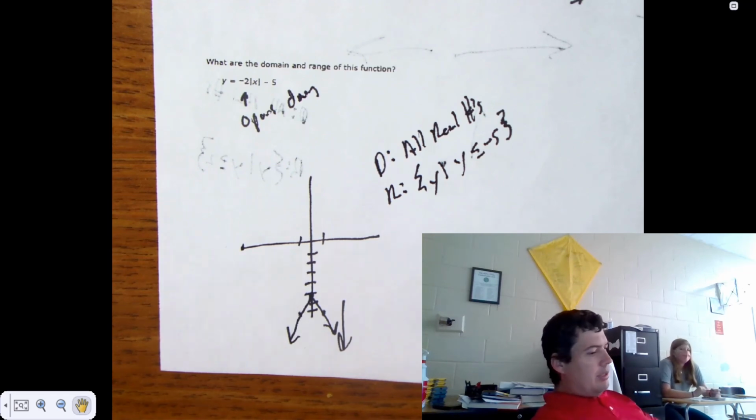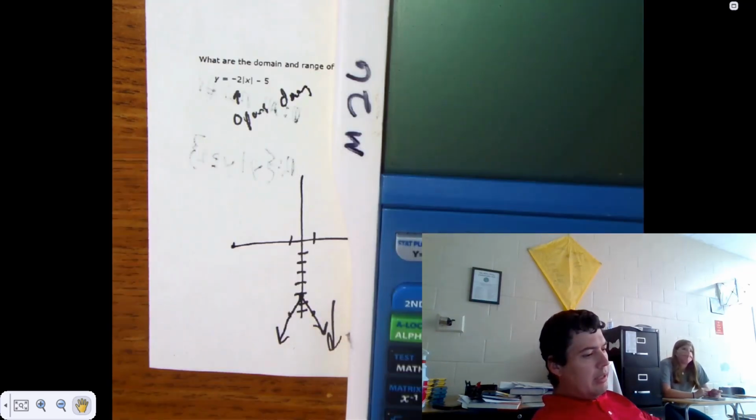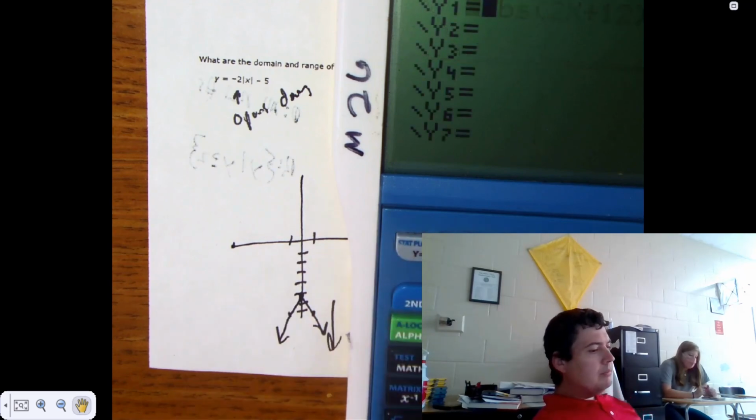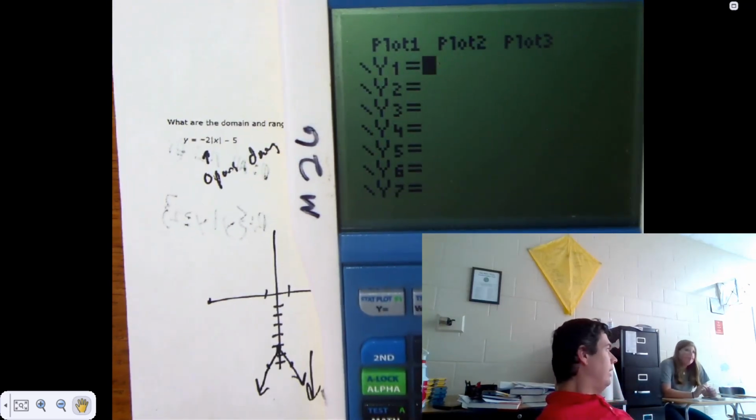I'm just going to use the TI-84. You can type that in Desmos, it's pretty simple. So the first thing I see, and I know that you're not typing along, you're going to be that kid who doesn't understand what I did. I see a negative 2, so I'm literally going to type in negative 2, not minus 2. The TI-84 has a different key for that. There's a negative symbol, it's right by the enter key.